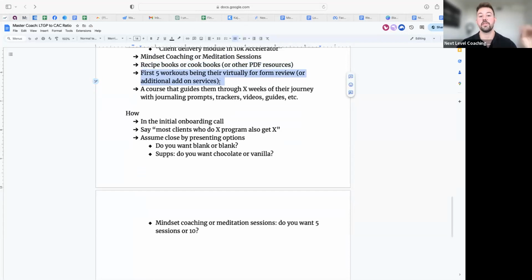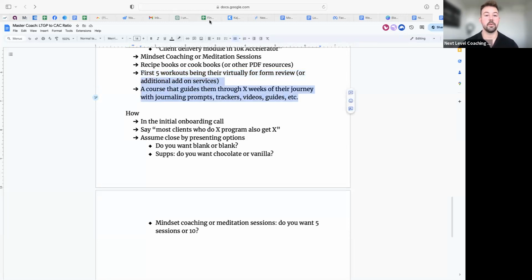Other examples could be additional services, right? So maybe for their first 5 workouts, they purchase for you or one of your coaches to actually be there with them virtually, right? Maybe it's on FaceTime for the first 5 workouts, and you coach them through virtually for form review or any additional aspects of the first 5 workouts that they need help with. But that's another potential option, right?